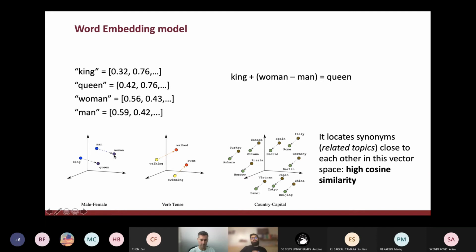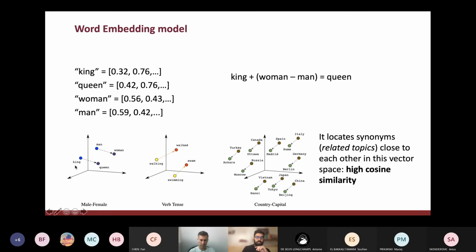Then we can do all sorts of arithmetical things to identify whether 2 words are semantically related, and one of them is exactly the cosine similarity. We can compute the cosine similarity between king and queen and see how far those 2 arrays are from each other. These arrays can be represented in a multidimensional Euclidean space.